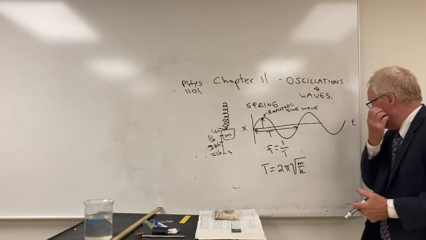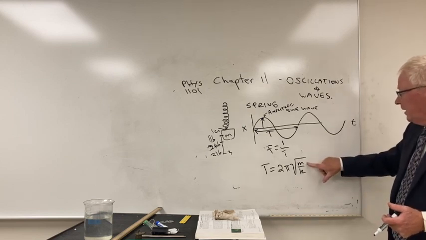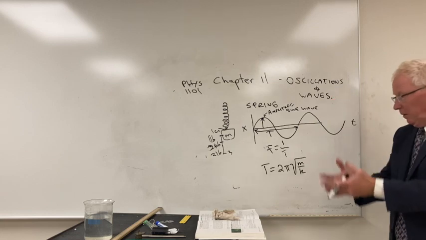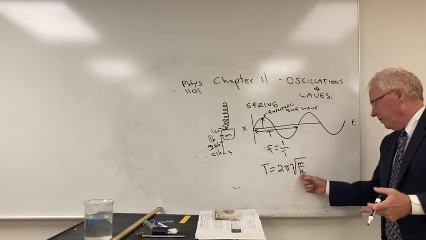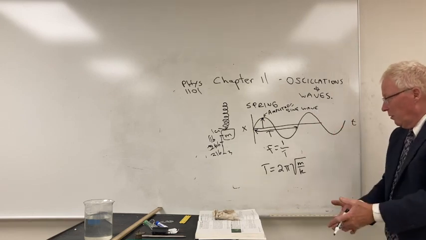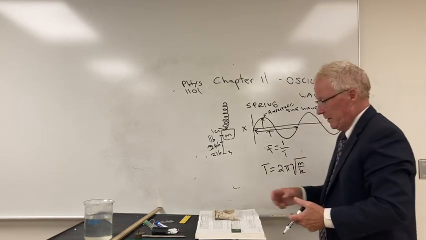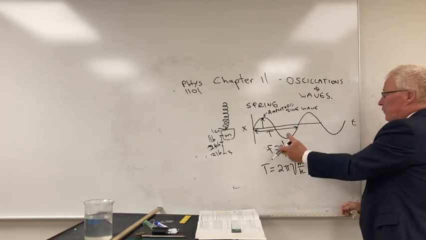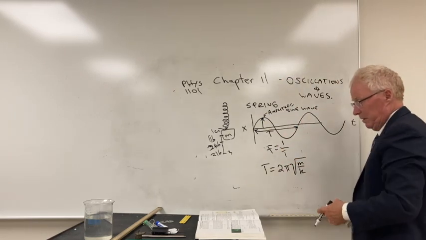As you can see, the heavier the mass, the longer it's going to take for it to move up and down. Likewise, the lighter the spring, the less the k is, the longer the period's going to be. So that's the relationship. And again, the frequency is 1 over the period.